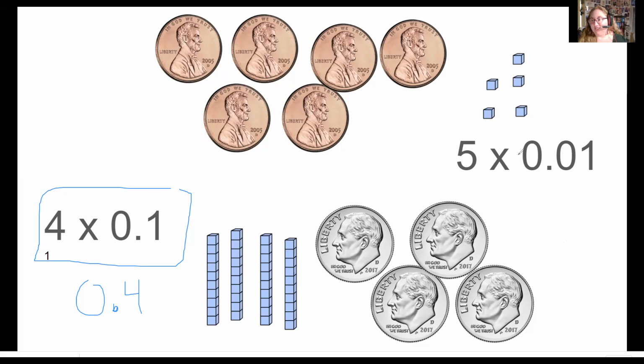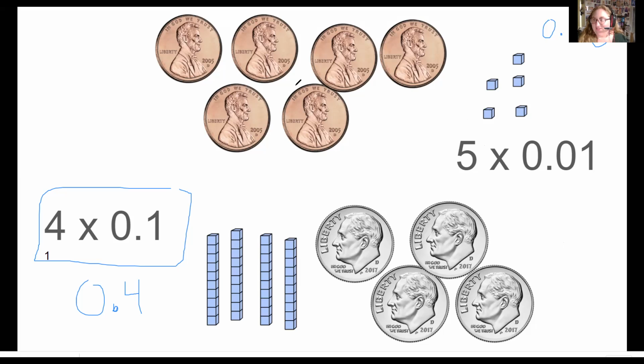If it's hundredths, you can think about it like 5 times 100th is the same as saying you have 5 groups of 100th in each of them. So if you add them together, that would be 5 hundredths. You could also think about this like it's saying that you have 5 pennies. 5 pennies together would be the same as 5 hundredths.